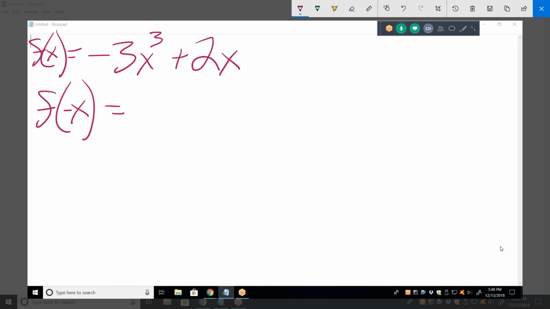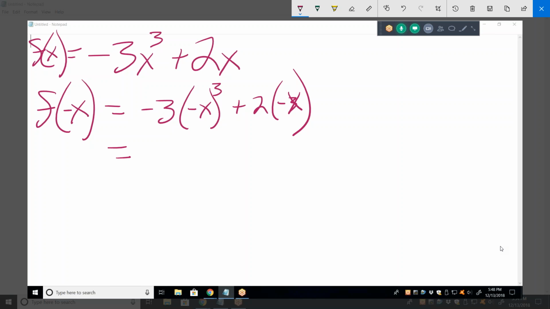Negative 3, and then in parentheses, negative x cubed plus 2, and in parentheses, negative x. Now, if we simplify that, we have 3x cubed minus 2x. Well, what would negative f of x be?